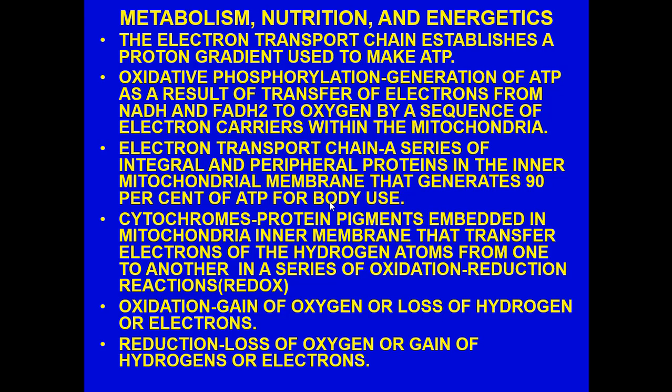This is a process that's called oxidative phosphorylation, the generation of ATP as a result of transfer of electrons from NADH and FADH2 to oxygen by a sequence of electron carriers within the mitochondria. We call this the electron transport chain because you have a bunch of these integral and peripheral proteins on the inner membrane of the mitochondria. Remember, the mitochondria is unique.